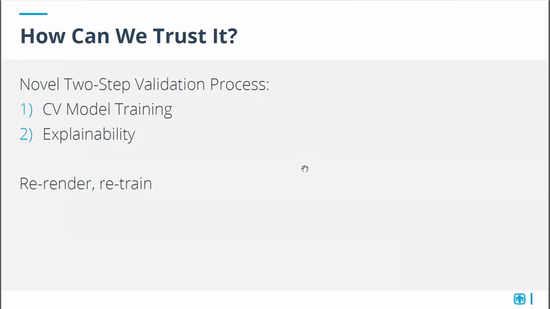So, okay, these are some pretty pictures and they're fun to look at, but how can we know we can actually trust them and use them in our research? We're using a novel two-step validation process to make sure that these images actually are something that computer vision models can learn from, and then that those models can actually work on real world data, because we don't care if we can detect our own synthetic pictures.